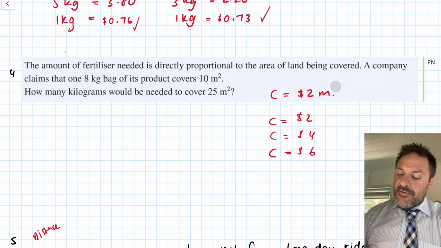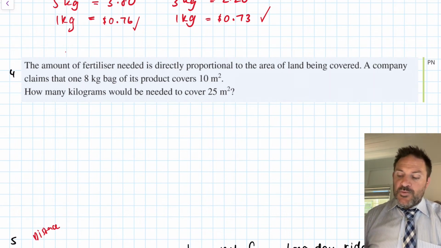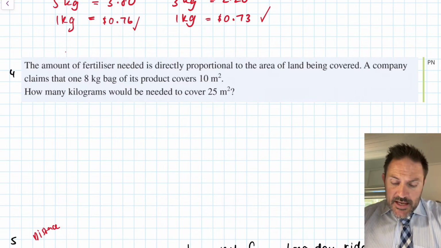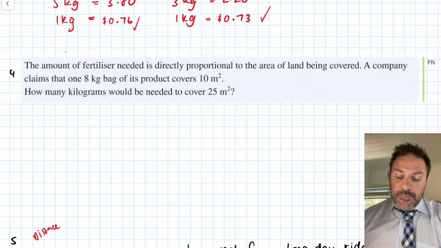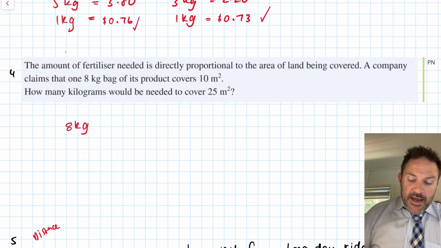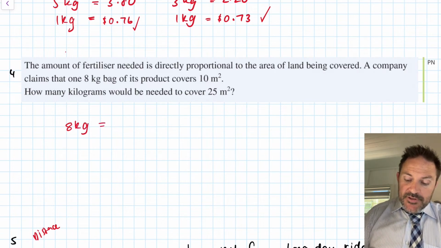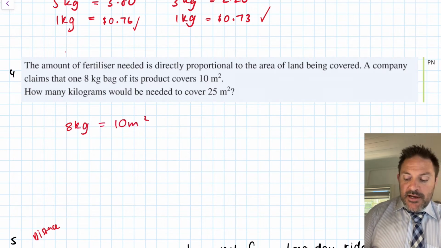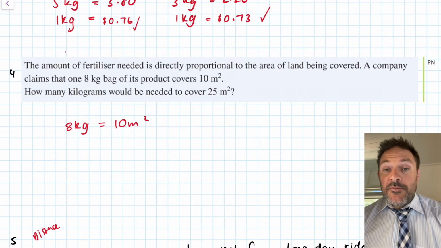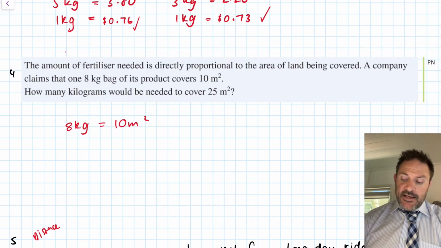A little bit challenging, so I'm only touching upon directly proportional. But let's see how this works in this particular question, because we're going to do a slightly easier method. It says here that a company claims that one 8-kilogram bag covers 10 square meters. Now, we could use ratios, we could use fractions, lots of different things here.